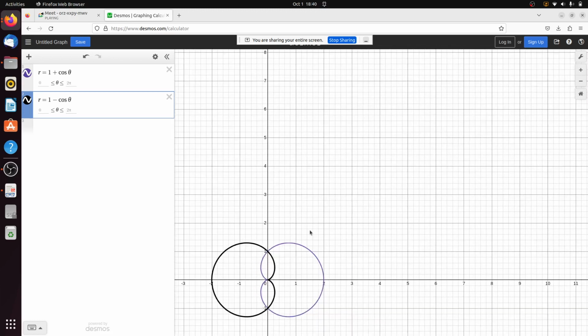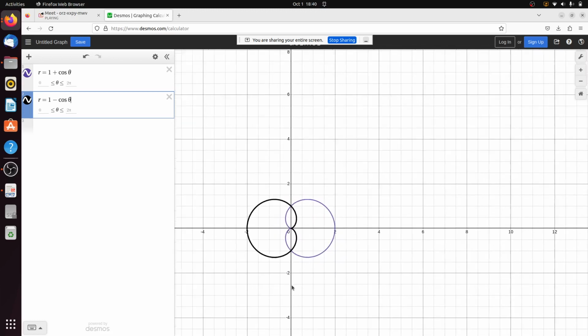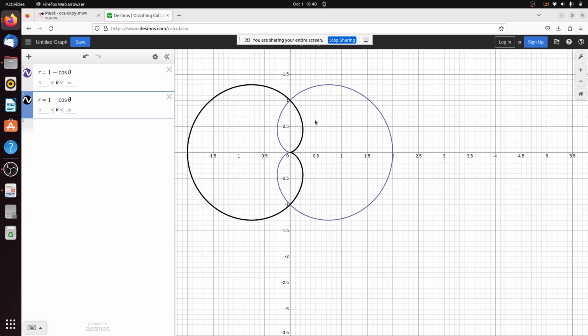So they are actually two inverse cardioids. This type of structure is actually called a cardioid.